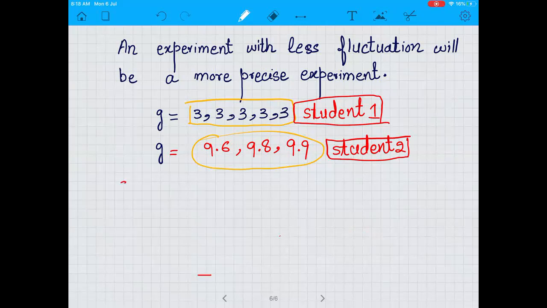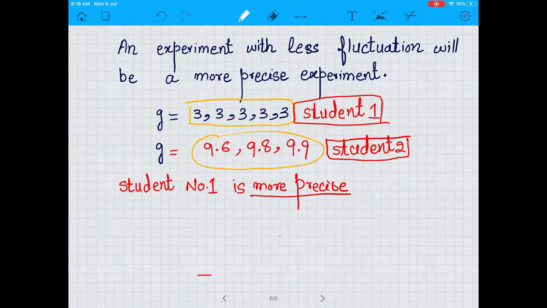So student number 1 is more precise as he is able to repeat his values.